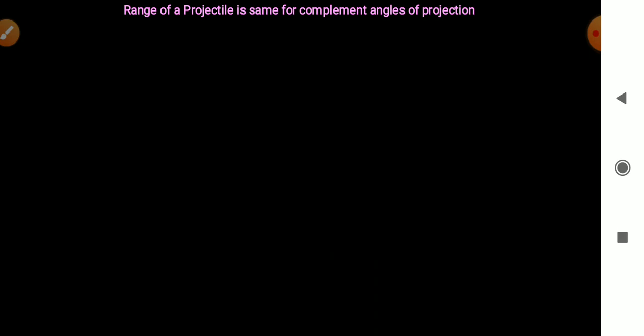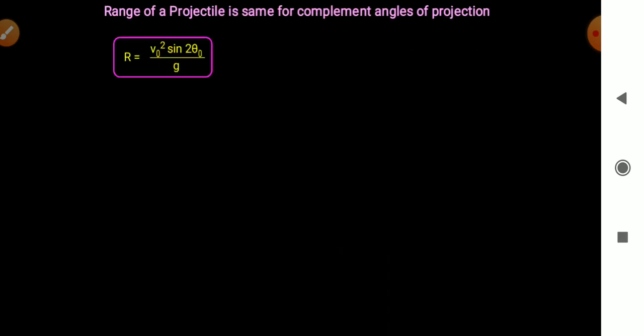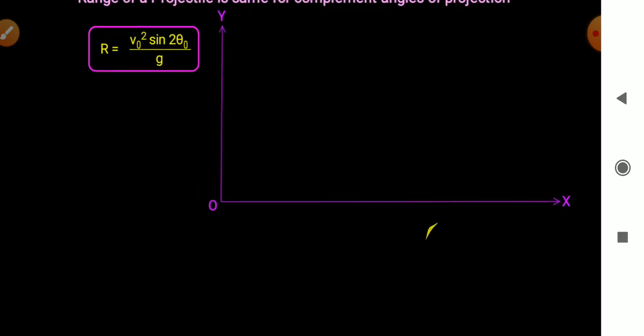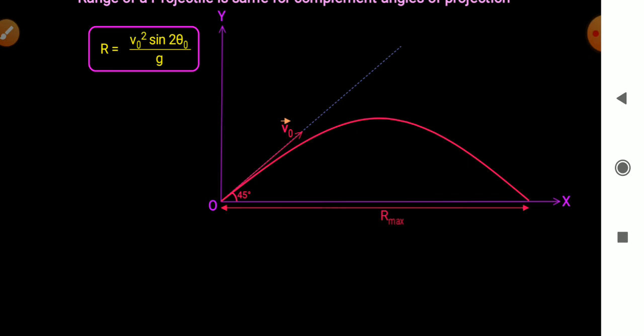Range of projectile is the same for complementary angles of projection. Range of projectile R is given by v naught square sin 2 theta naught upon g, and when the object is projected at angle 45 degree, range is maximum with velocity v naught.